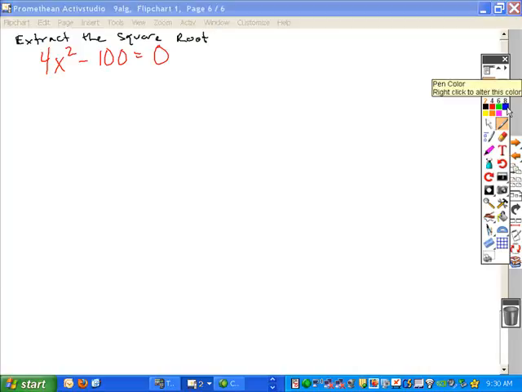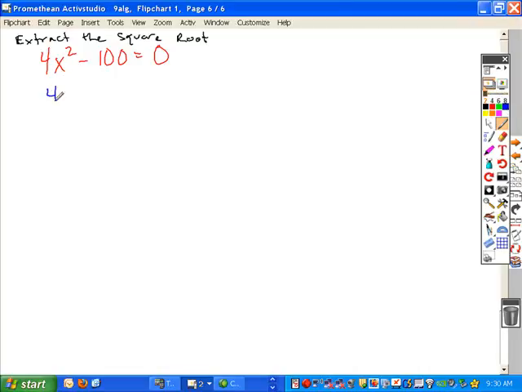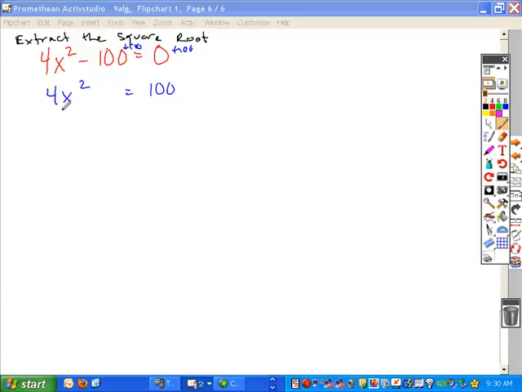The process is just like any other equation. Isolate your variable term. So we're going to add 100 to both sides. And then you can do what? Good. Isolate your variable completely.